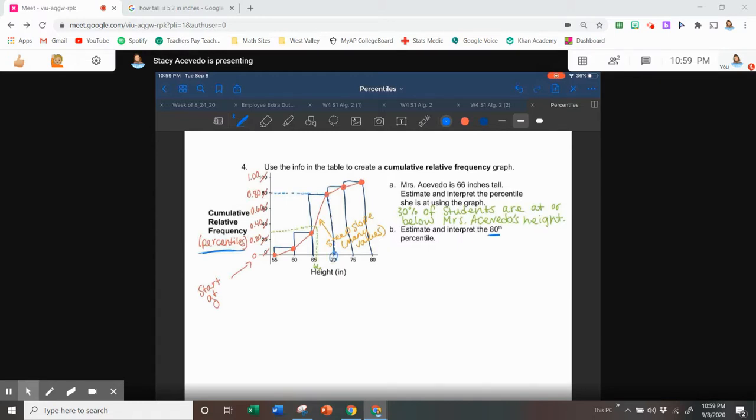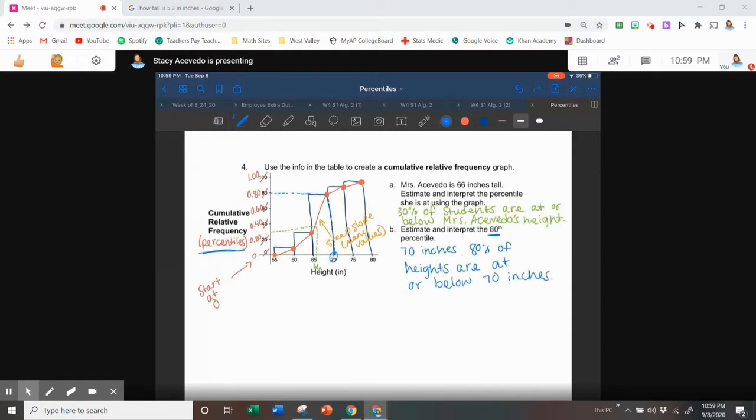So there's 70. So 70 inches, 80% of heights are at or below 70 inches.